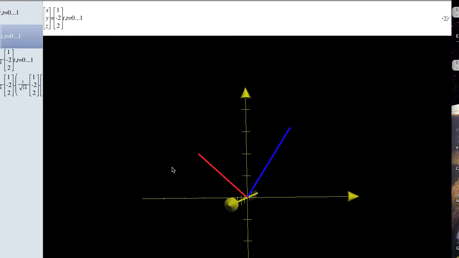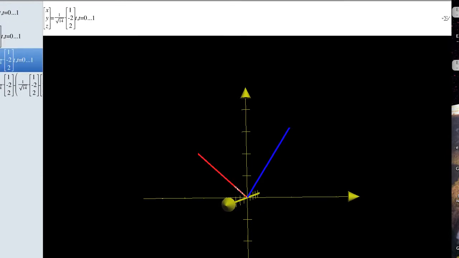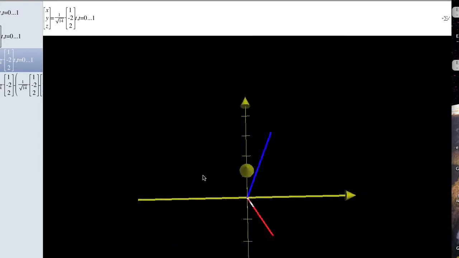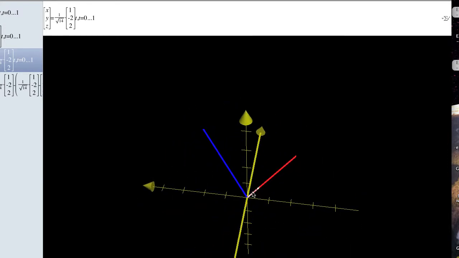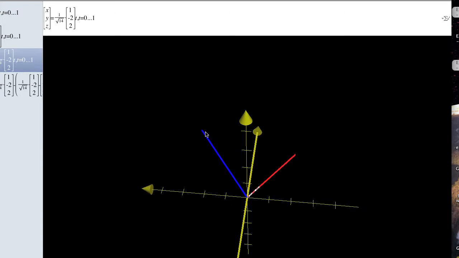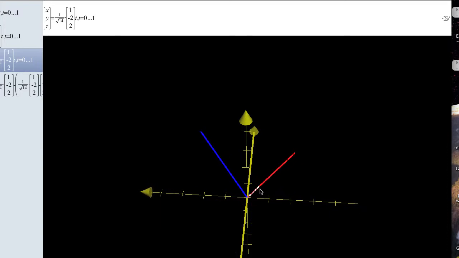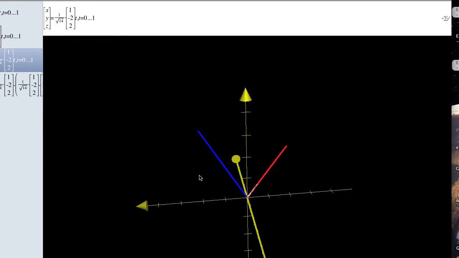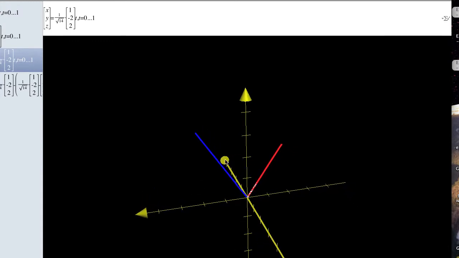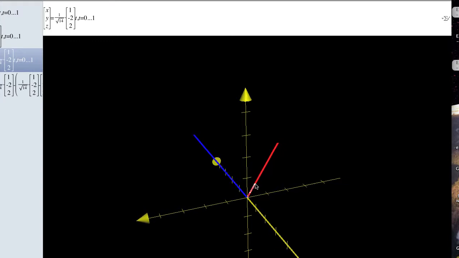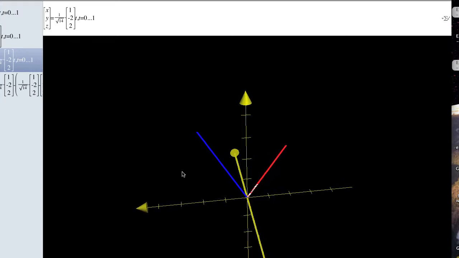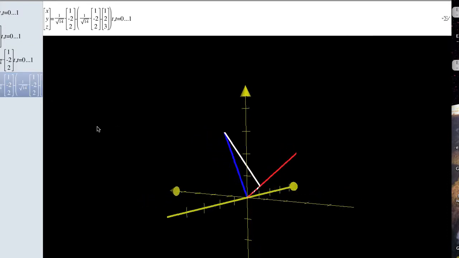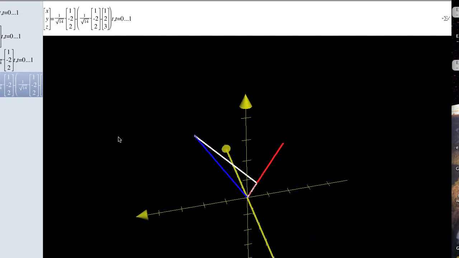So I use the dot product to do that. And what I get is this white segment right in here. So I'm claiming right here, this white here is a projection of the blue vector down onto the red vector. And also, I'm claiming that if we drew a line from the tip of the blue vector down to the tip of this white vector there, that would be a 90-degree angle. And I draw that right here. Okay? And I think you can see that that's what it is there.